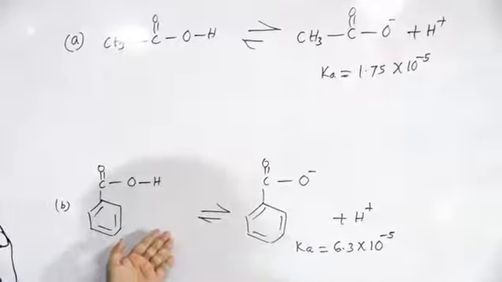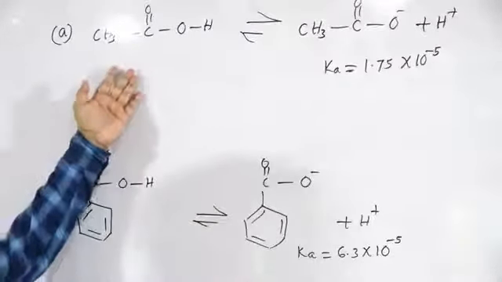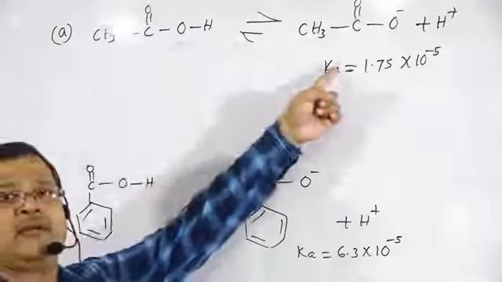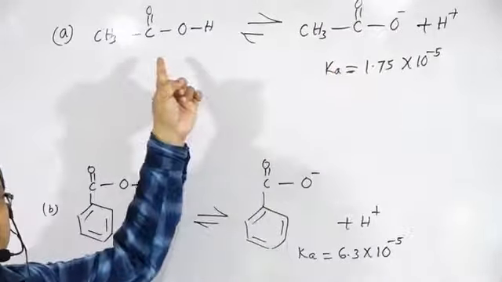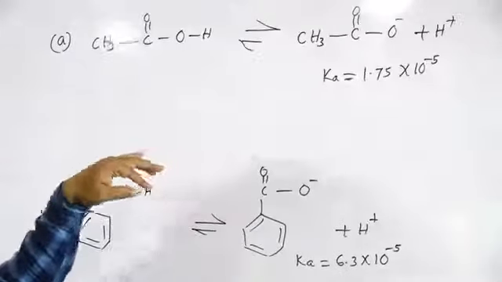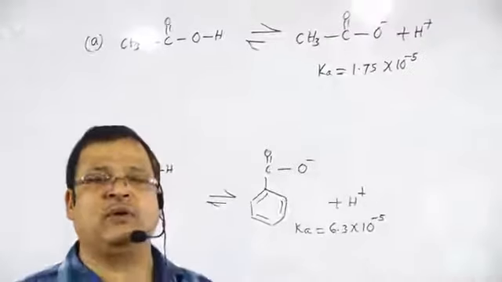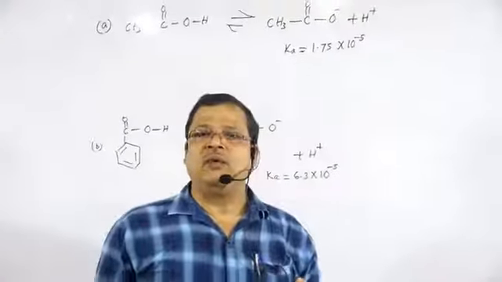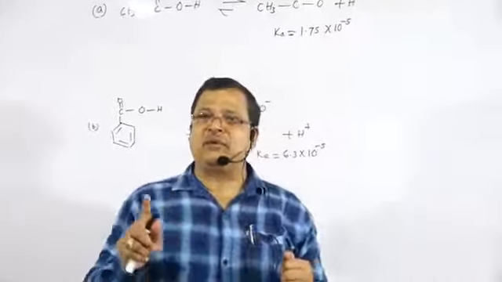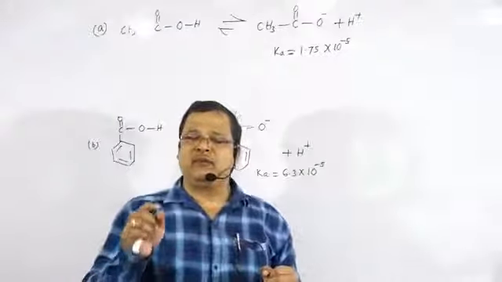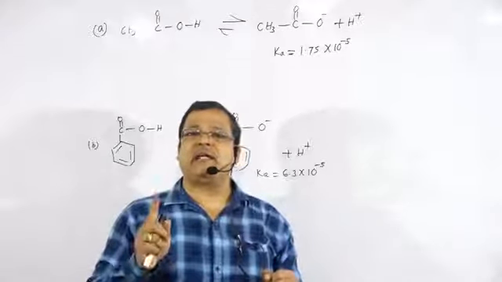Why is this so? First we have to explain this acid. So this is your acetic acid and this is your acetate ion. We have to give the resonating structures of both of these two. We know that the resonating structure will be more stable under what condition? When there is the formation of more number of resonating structures, there is no charge separation, and the more electronegative element has the negative charge.